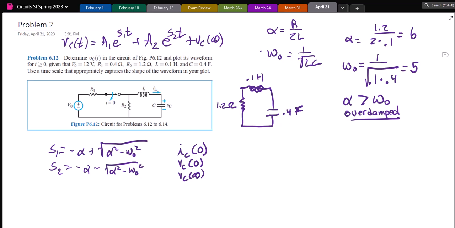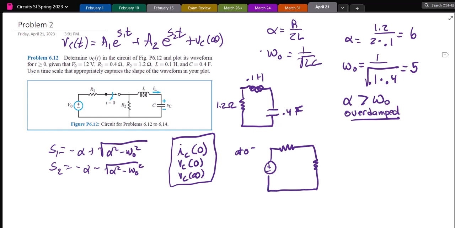So let's start by finding these values at 0. So at 0 minus, our circuit looks like this.